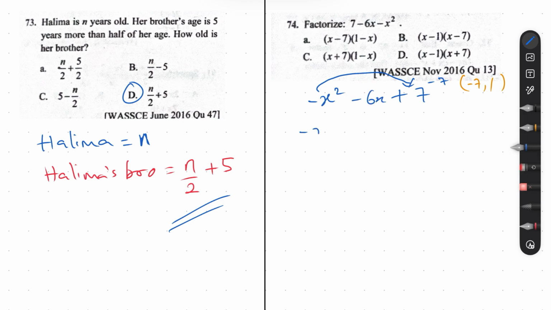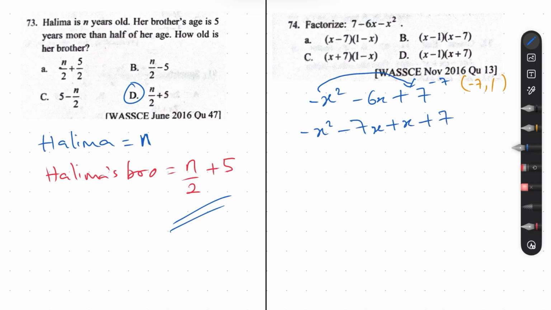So now let's write it. Negative x squared minus 7x plus 1x plus 7. So here we can now group them into a bracket like this, and then we solve.